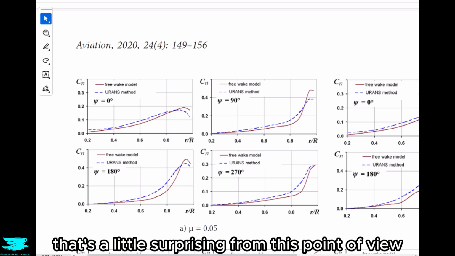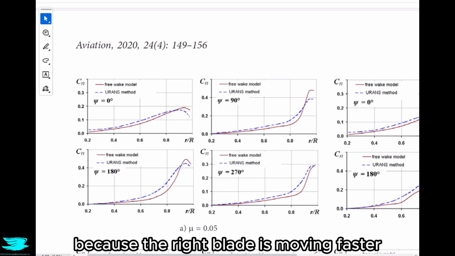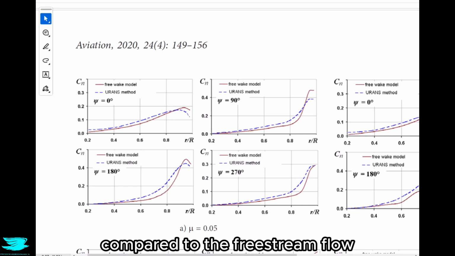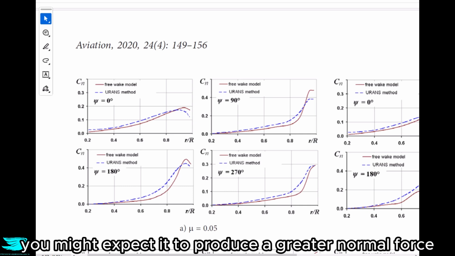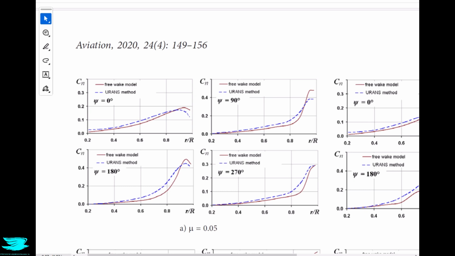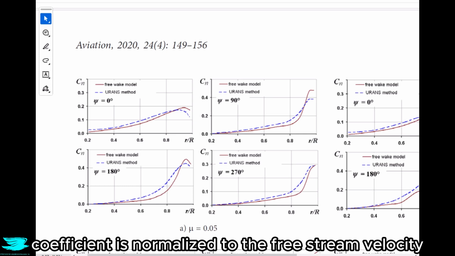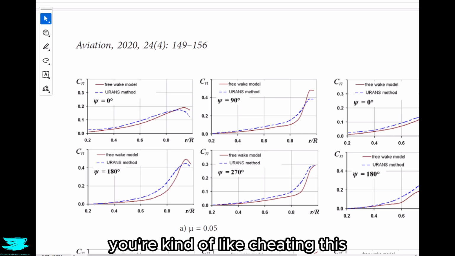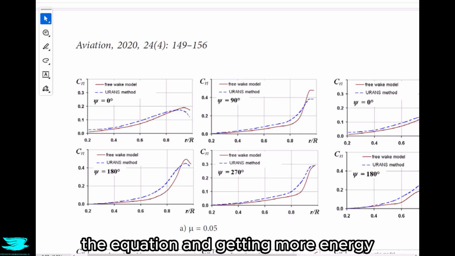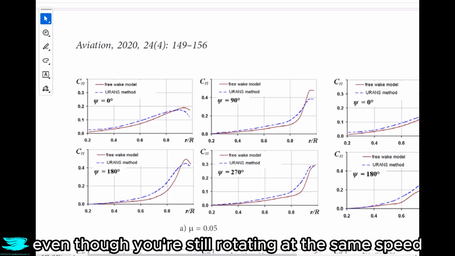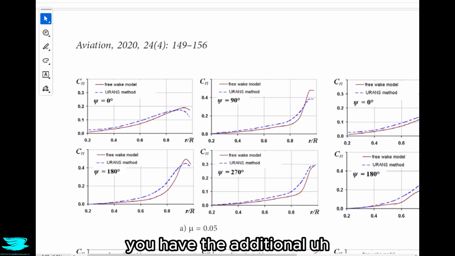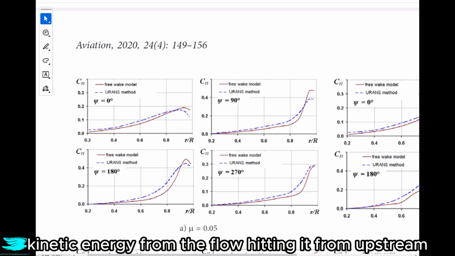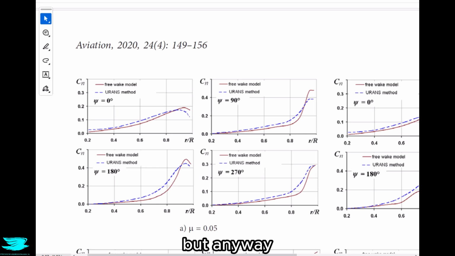That's a little surprising from this point of view because the right blade is moving faster compared to the free stream flow, so you might expect it to produce a greater normal force. And that's considering that I'm pretty sure this coefficient is normalized to the free stream velocity, so if you have a faster speed, you're kind of cheating the equation and getting more energy even though you're still rotating at the same speed. You have the additional kinetic energy from the flow hitting it from upstream.